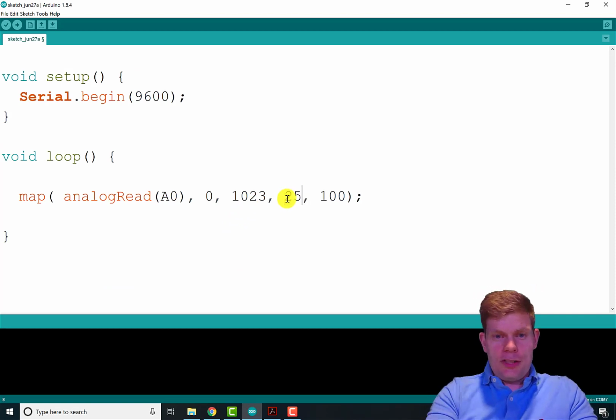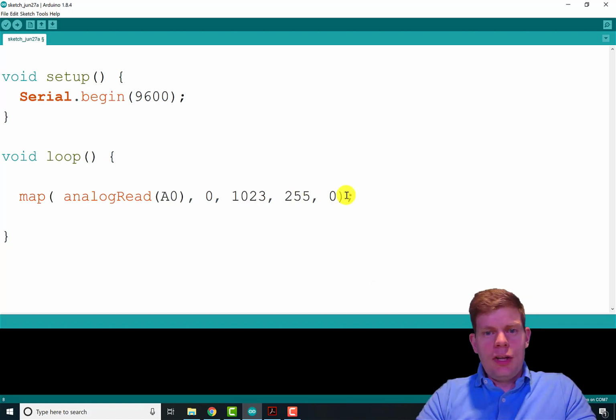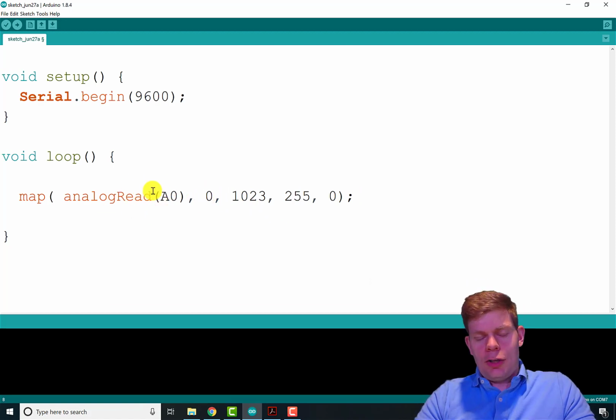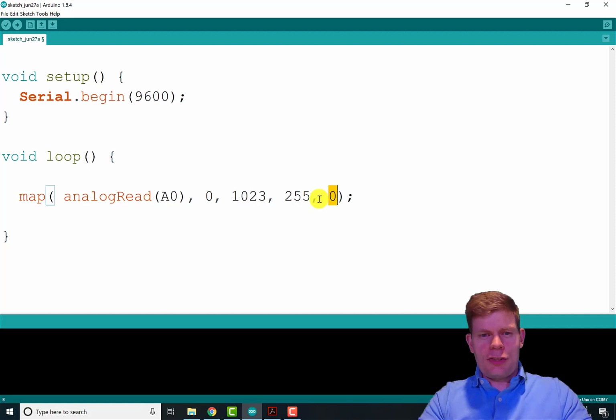We can reverse these. So this hopefully looks kind of funny to you. We're mapping the analog read from our sensor of some form, which starts in this initial range. But we're saying that the low end of the destination range should be 255 and the high end should be 0. So this kind of maps it from 0 to 255, but in reverse.